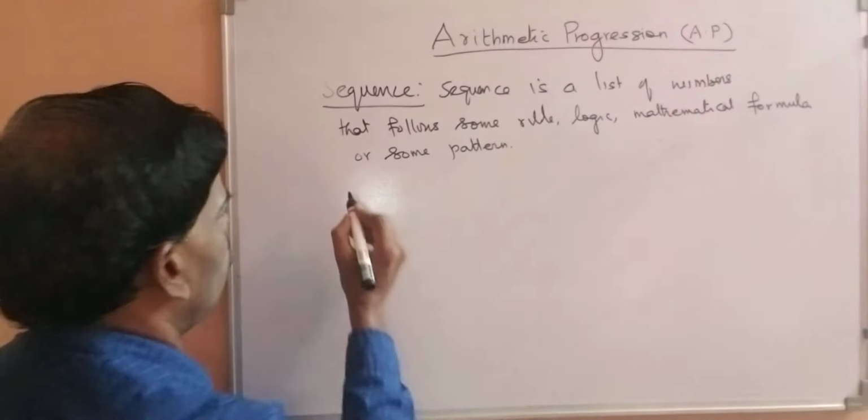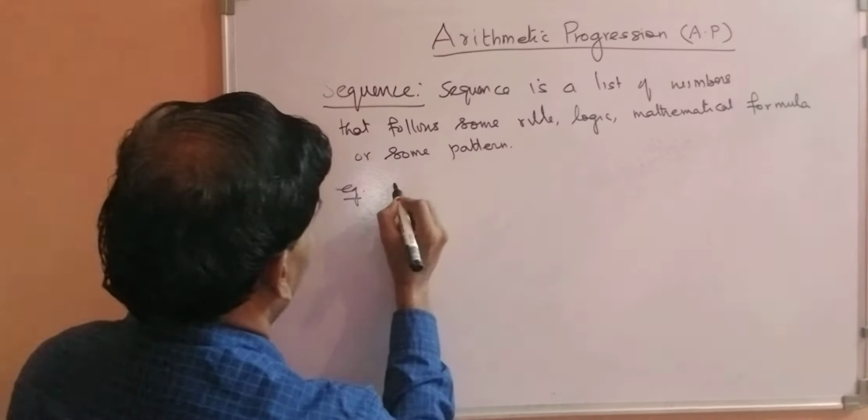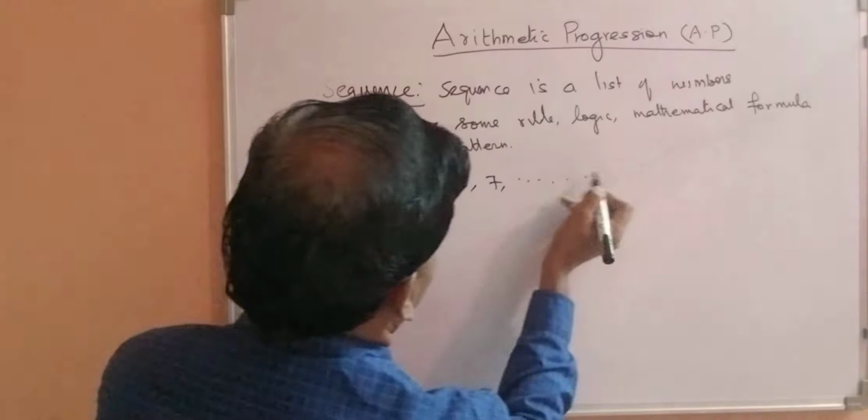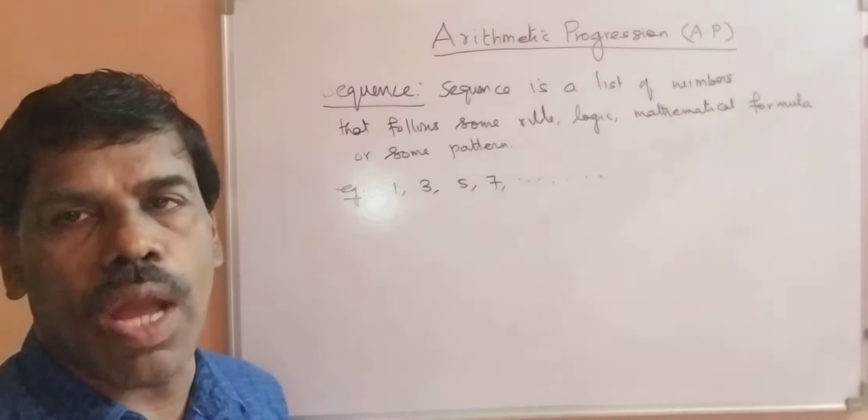For example, now here 1, 3, 5, 7, etc. This is a sequence of numbers.